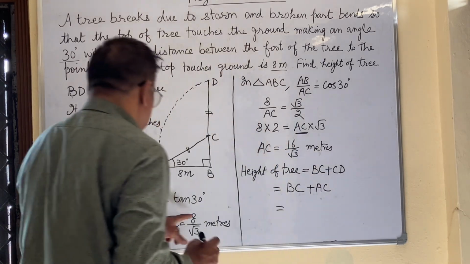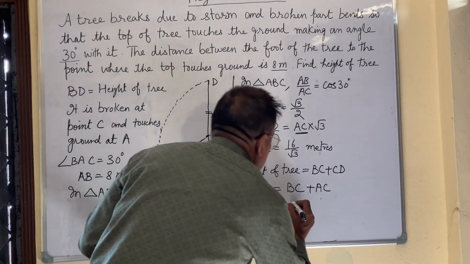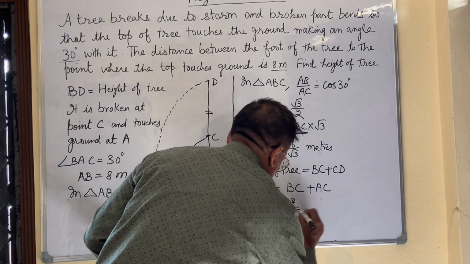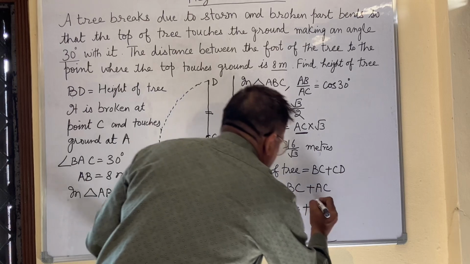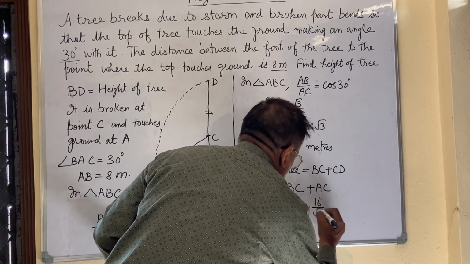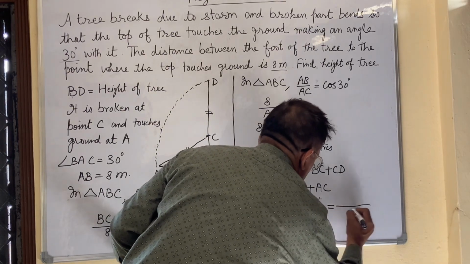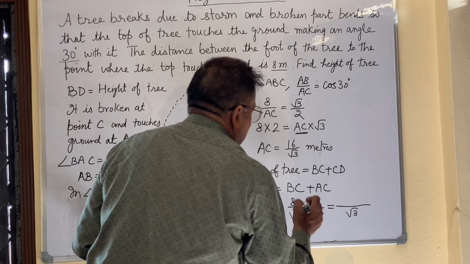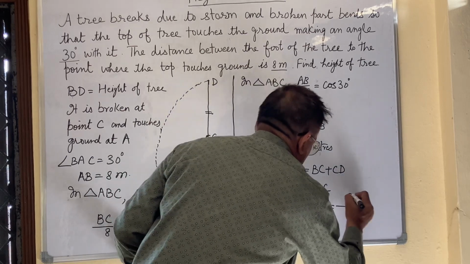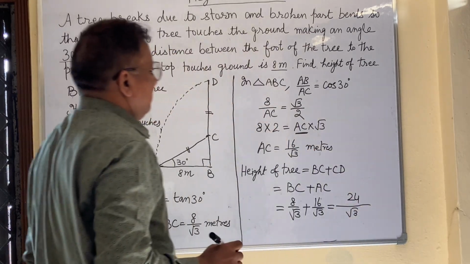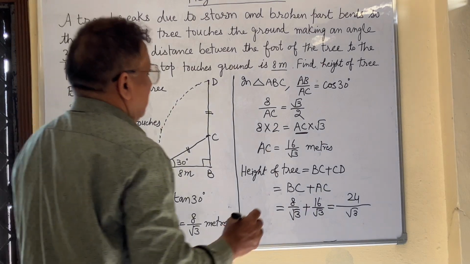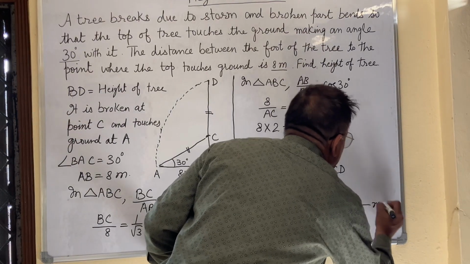What is BC? 8 upon root 3. AC is 16 upon root 3. The denominator is the same, root 3. 8 plus 16, 24 upon root 3 meters. We can rationalize it.